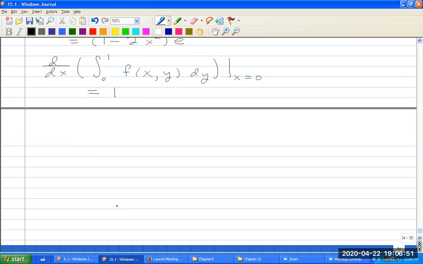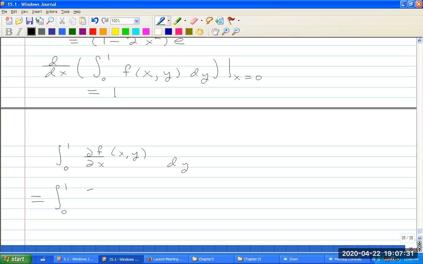Next, let's look at the integral from 0 to 1 of the partial of f with respect to x. Let's take the partial with respect to x. Again, let's use the product rule, Leibniz rule.